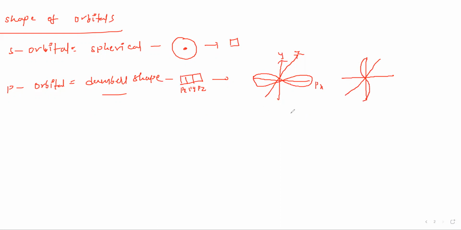And this is the Py orbital. This is Z and this is X. And one more I am drawing here. This is the Pz orbital, with X, Y, Z axes.